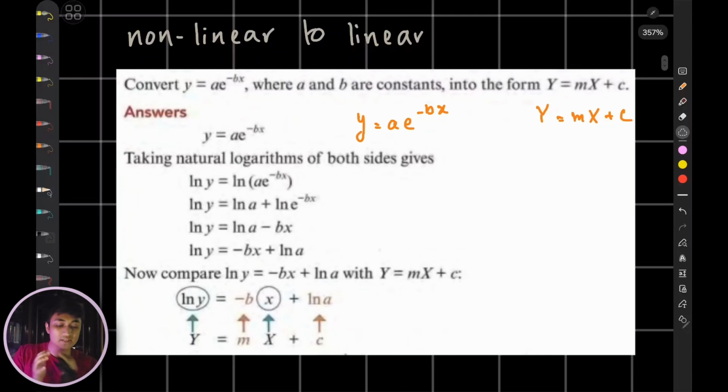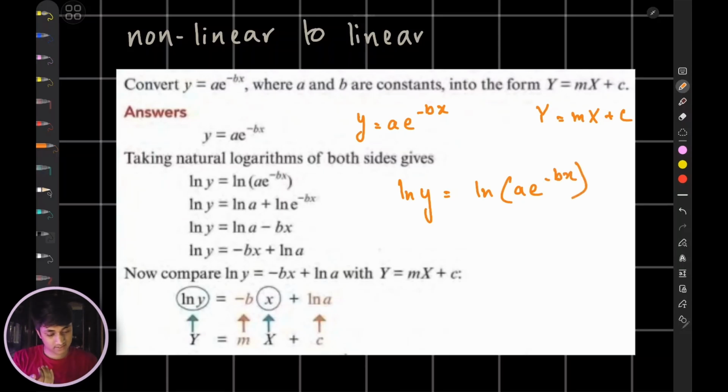Now, how do we break this equation? We know we need to work with logarithms, with the ln function. So in this case, I need to introduce an ln term on either side of the equation. I'm going to write ln of y on this side, and ln of the entire term on the right hand side.